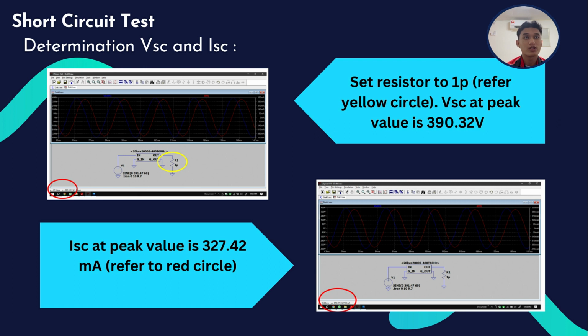The methodology of the short circuit test to determine the short circuit voltage and short circuit current is to set the resistor to 1 pico, referring to the yellow circle, and we get the result for voltage at peak value of 390.32 volt, while the short circuit current at peak value is 327.42 milliampere.